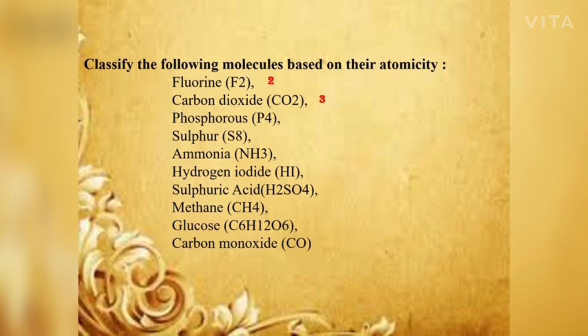Therefore, that is heterotriatomic molecule. Phosphorus. Molecular formula P4. How many atoms are present? 4. All the atoms are same. So, atomicity 4. Type: homopolyatomic molecule.